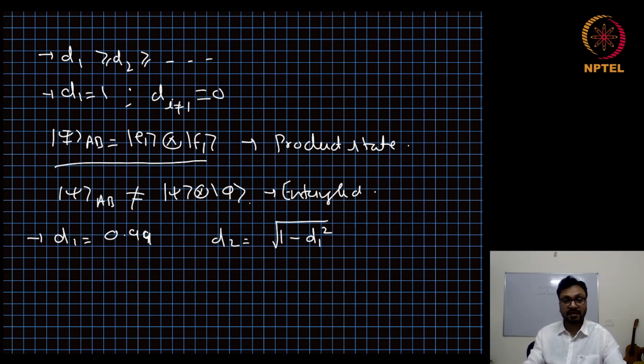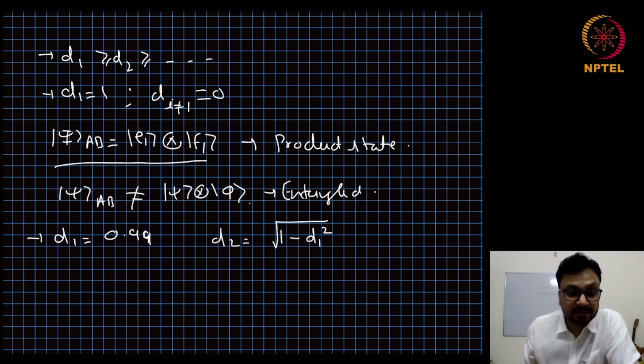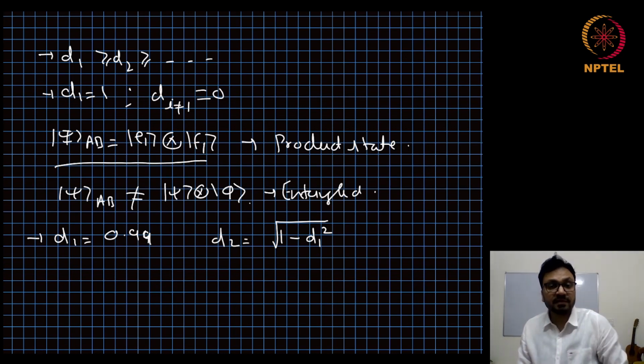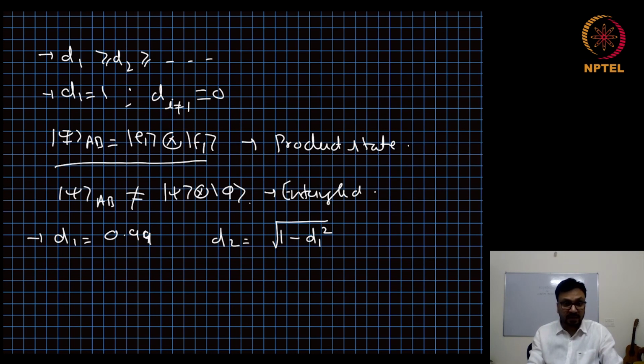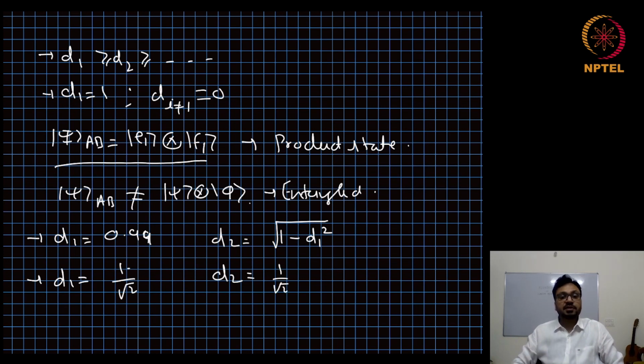So we have one case where d1 is 0.99 and d2 is the square root of 1 minus d1 squared, and another case where d1 is 1 over root 2 and d2 is also 1 over root 2. In these two scenarios, which one is more entangled and which one is less entangled?